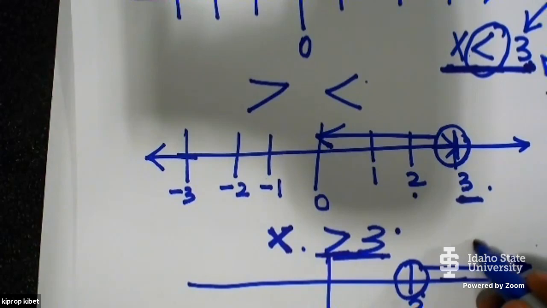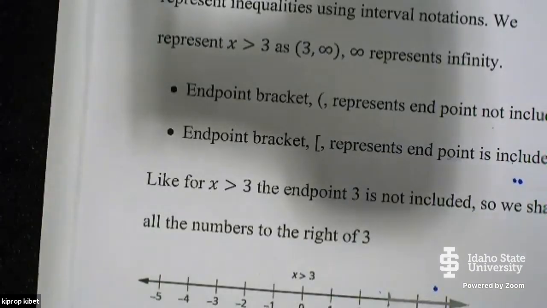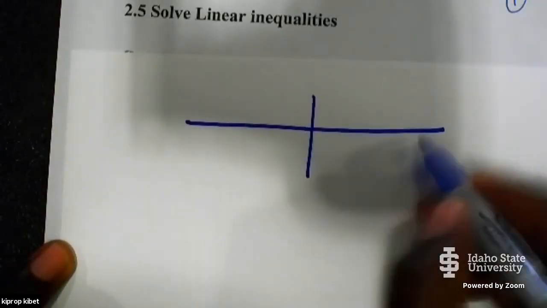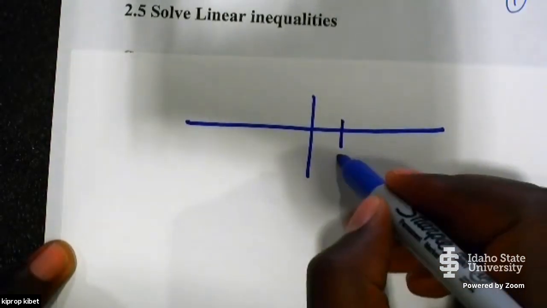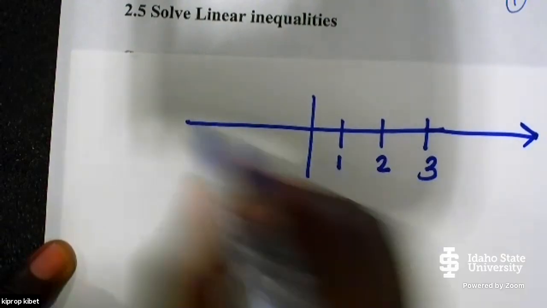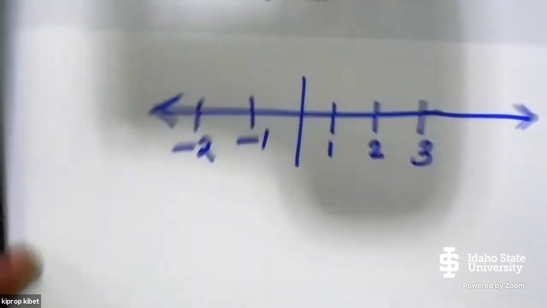So that means this one is x greater than 3. Okay? So other books can write it like this. So if we have 1, 2, 3, -1, -2, like that.